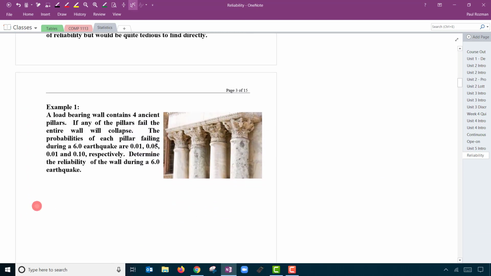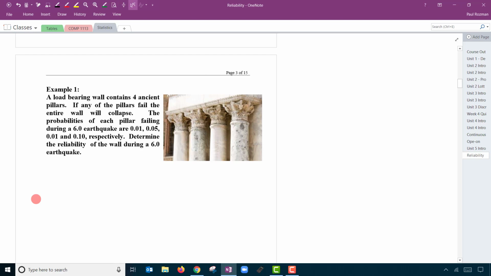Here's a little example. I have a wall. It's being held up by 4 pillars, and they aren't very good on their own. If any one of the pillars fails, the whole thing collapses. And we know the reliabilities, actually, we're given the probability of them failing. If I number these 1, 2, 3, and 4, the failure probability of column 1 is given there at 1%.